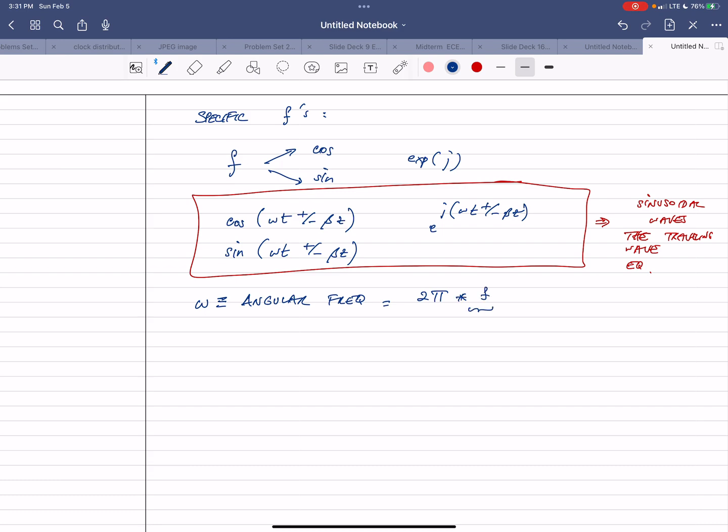F is the frequency of the sine wave or cosine wave, so f is in hertz. And omega is in units of radians per second. Okay, and then beta, the constant next to z, is the so-called propagation constant.